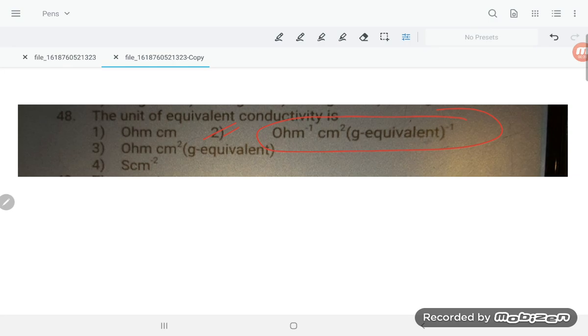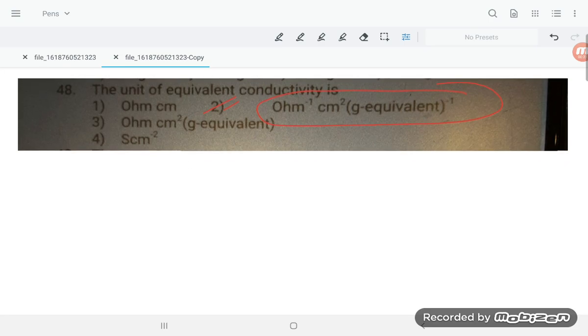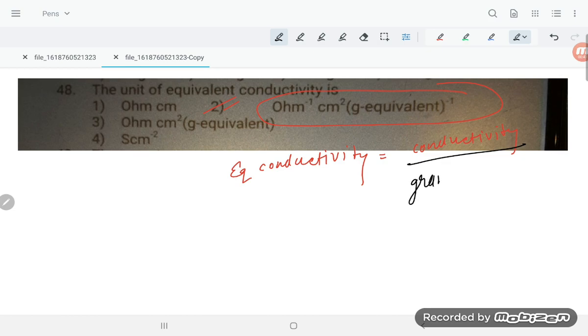The unit of equivalent conductivity, nothing to explain, because you know the formula for equivalent conductivity: conductivity upon gram equivalent.